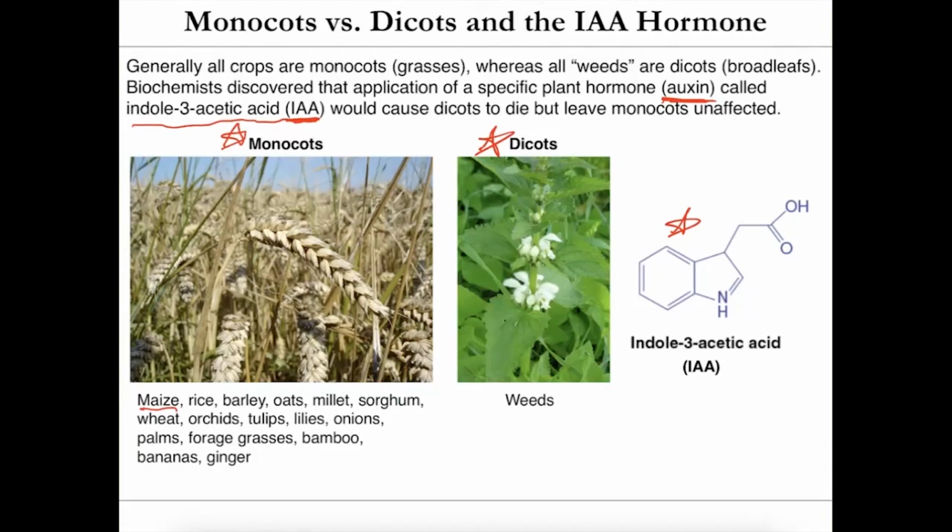However, it leaves monocots uninterrupted and totally fine. It does not affect monocots. So this was the first clue that maybe you could develop a chemical that would act like IAA and could be used as an effective herbicide.